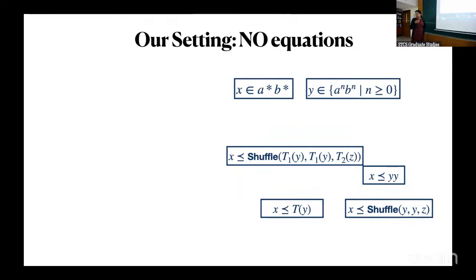Shuffle operation is just permuting T1 by T2? Shuffle is more like shuffling cards. It's not permutation: you take the words, the letters, and you interleave them, and the relative order is maintained within each of the words.